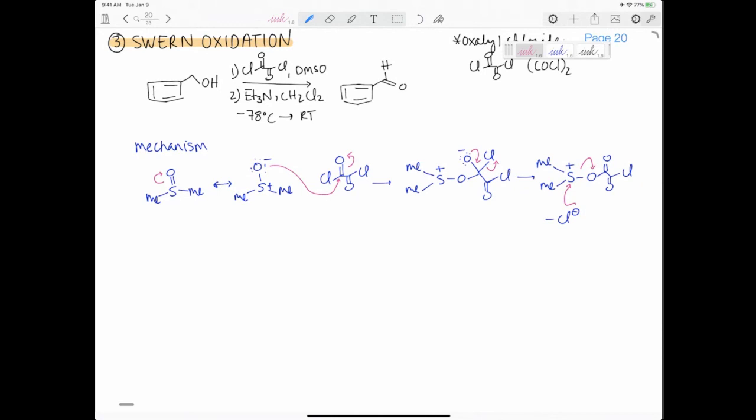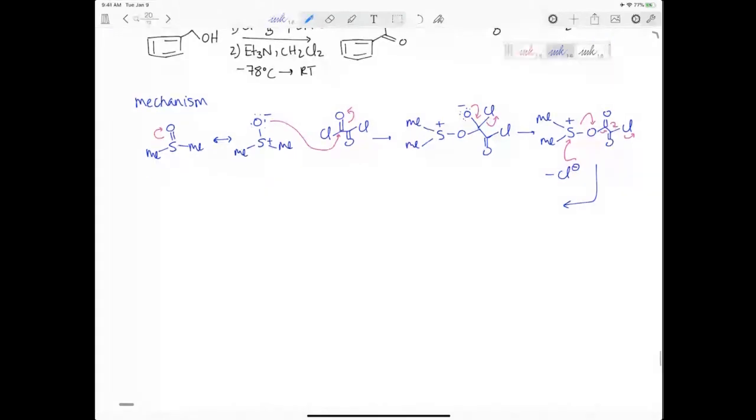Okay, at the same time, you're going to form a bond here, and you're going to kick off this here and kick off the chlorine. You don't really need to know this part of the arrow pushing mechanism in detail, because what you need to at least show is that you're going to liberate CO2 gas, carbon monoxide, and one more chloride ion.